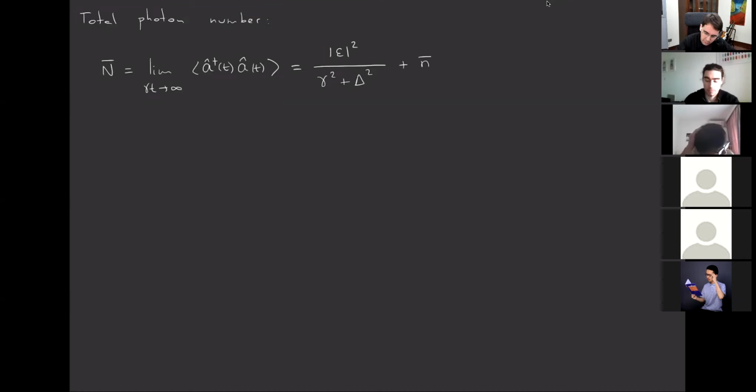Then let me rewrite this in the following way, just to make it simpler to plot now and for the discussion.